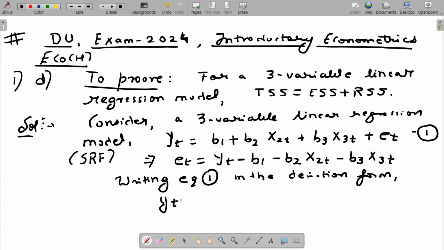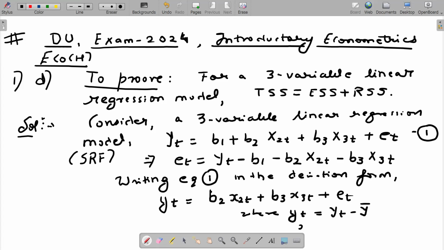So I get small yt equals b2 small x2t plus b3 small x3t plus et, where small yt is capital Yt minus y bar, small x2t is capital X2t minus x2 bar, small x3t is capital X3t minus x3 bar.